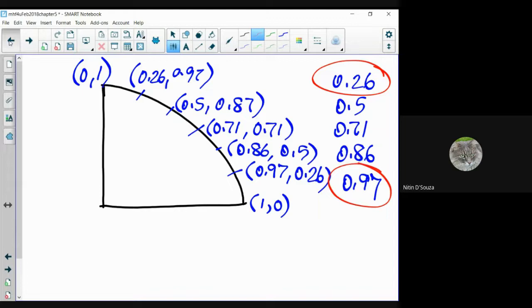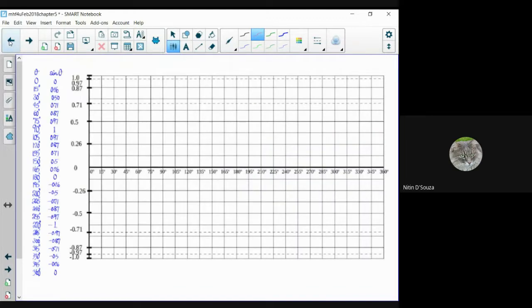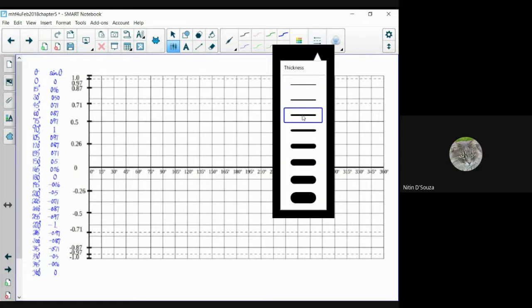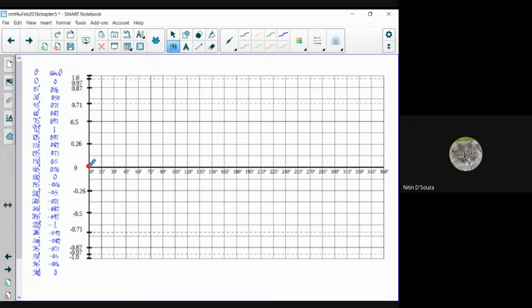So if I was trying to graph sine here, sine of 0 is 0. Sine of 15 is 0.26. Sine of 30 is 0.5. 45 is 0.71. 60 is 0.87. 75 is 0.97.